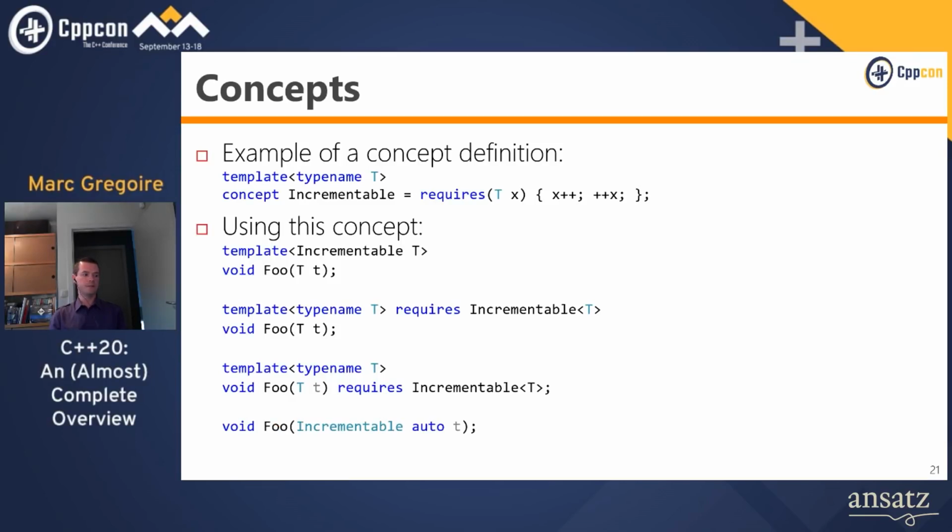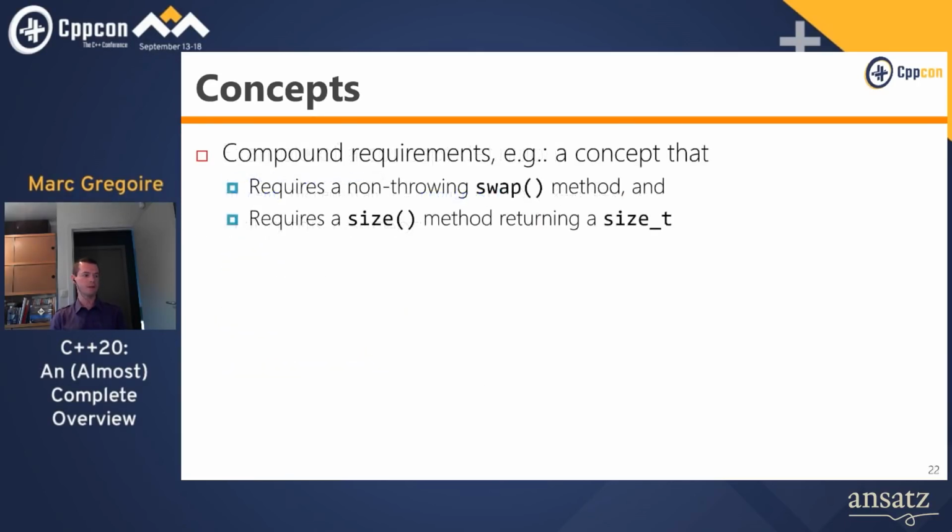Of course, this is a very simple concept. So let's look at how you can make some more powerful concepts. Let's write a concept that requires a non-throwing swap method and a size method that returns a size_t. Since I want to say something about swap, that means I will need two parameters. So we define our concept with two parameters, in this case, two references, x and y.